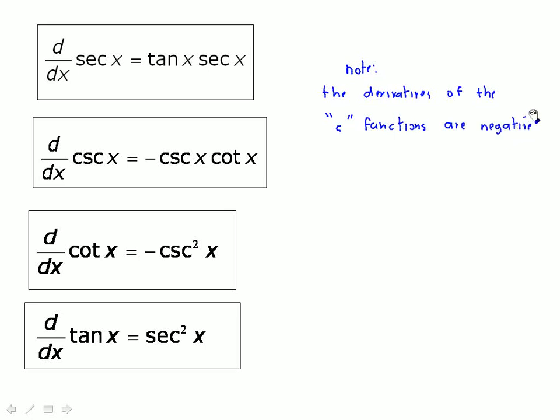So the derivative of cosecant is negative cosecant cotangent. The derivative of cotangent is negative cosecant squared. And even the derivative of cos is negative sine. So that might help a little bit. Not really that mission critical that you get that down because you do have a formula sheet, but for your information. So let's go through a few derivatives and see what we can do with these.